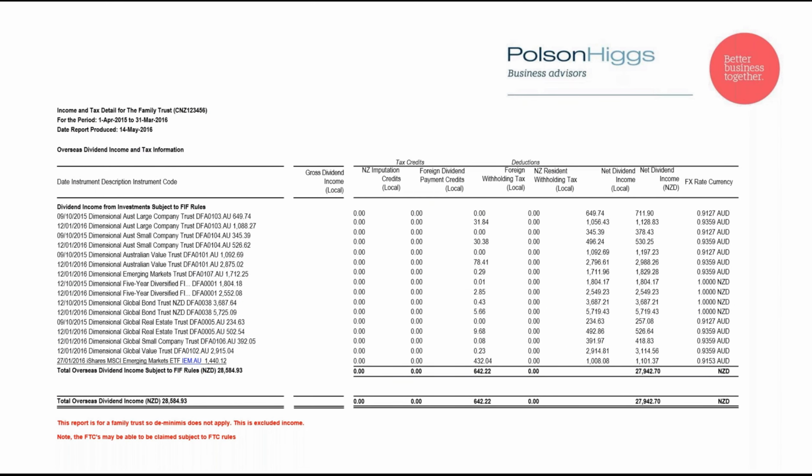They give us a schedule of the dividend income subject to FIF. This schedule is important. As I said, the actual dividend, the 27,000 odd, is exempt. However, it does tell us what credits were attached, the $642, and what dividends those were attached to. And this is the example that I think Sonia was asking about earlier. When do we do it line by line? Well, this is a good example here. I've got $642 of credits.